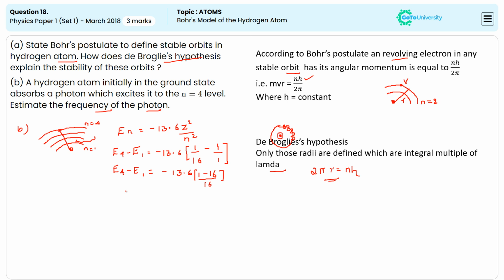The approximate value of E4 minus E1 is equal to 12.75 electron volt, that is eV.